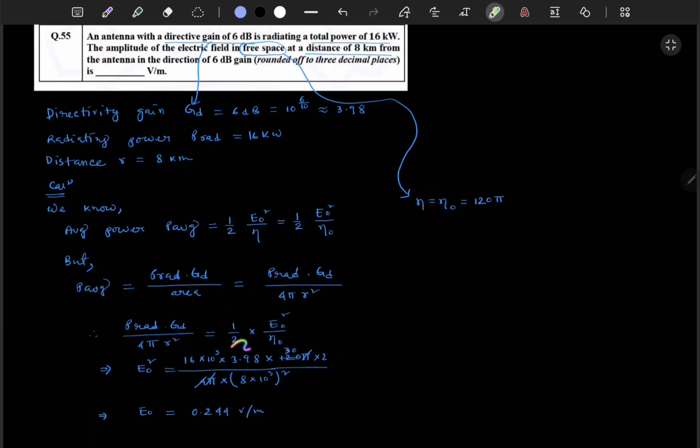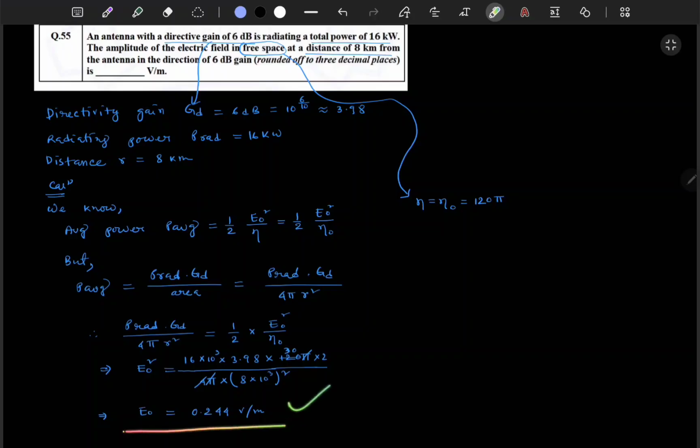So we are calculating E naught square, and the remaining terms will be multiplied on the left side. It will be P rad given, then GD also, then 120 pi, and this 2 multiplying here, then divided by 4 pi R square.